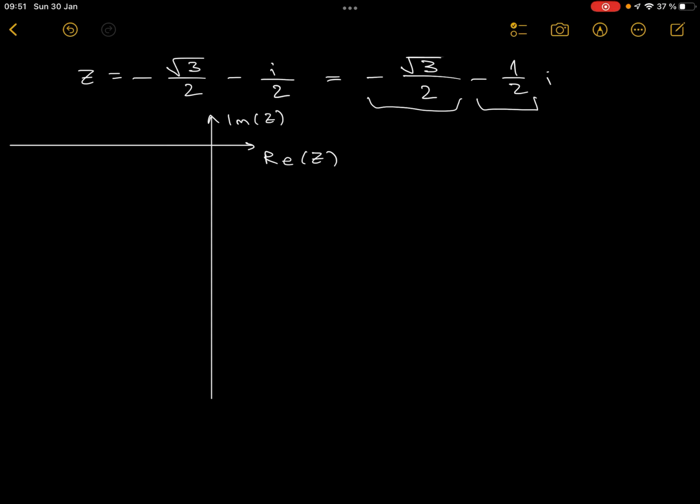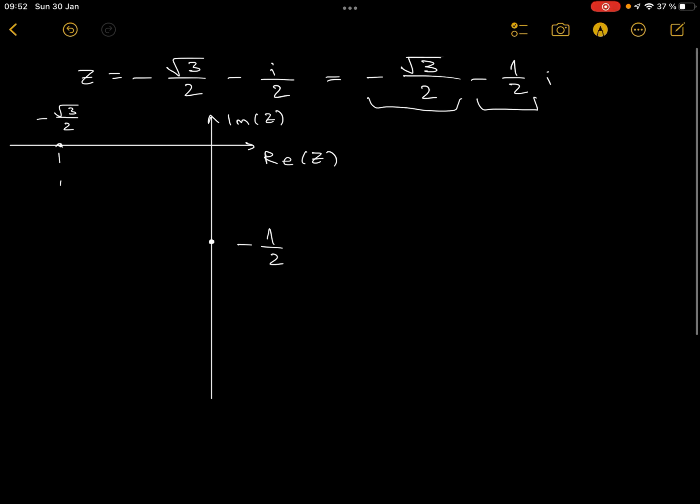Okay, so let's go ahead and represent these two right here. So let's say that this here is negative root of 3 over 2. That's the real part. And let's say that this here is negative 1 over 2.